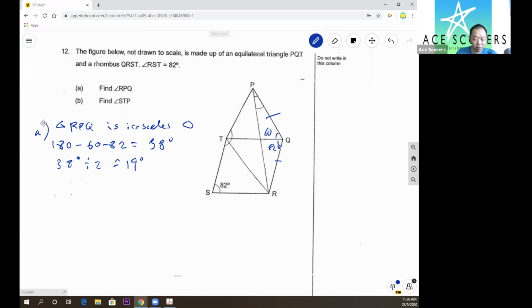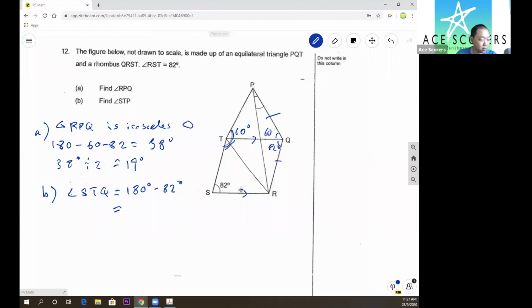Next one, find the angle STP. So STP is this big angle here. Okay, so I know that this is 60 degrees and I want to find this one, which is angle STQ. So angle STQ is equal to 180 minus 82. Why? Because it's a rhombus, so it's parallel.